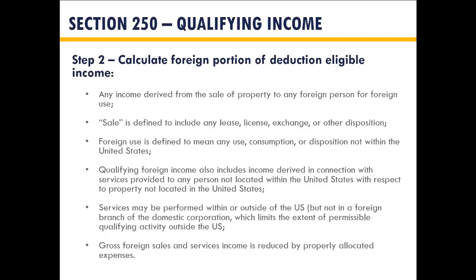Sale is also broadly defined as any lease, license, exchange, or any other disposition. In this instance, services are also eligible towards this deduction. So there are a few broad items here for FDII to consider, and just something you might want to take a look at if you're a C-Corp and you do have some foreign sales out there.